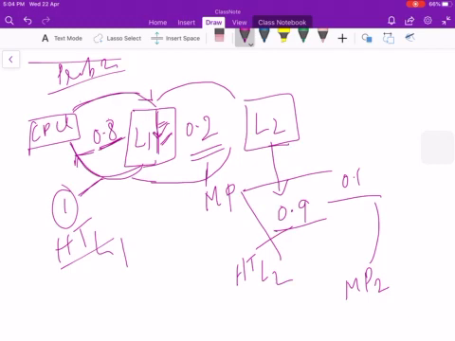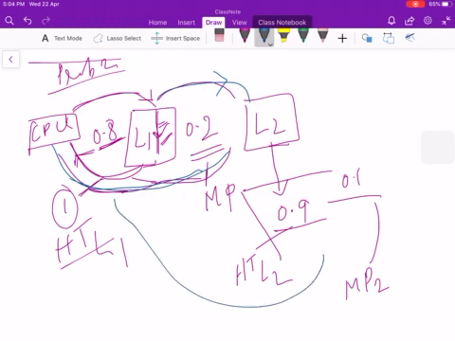The rest 20% of the time it goes this way. Similar is the case for this one: 10% of the time, things will go straight from here to there. So this is the miss penalty.